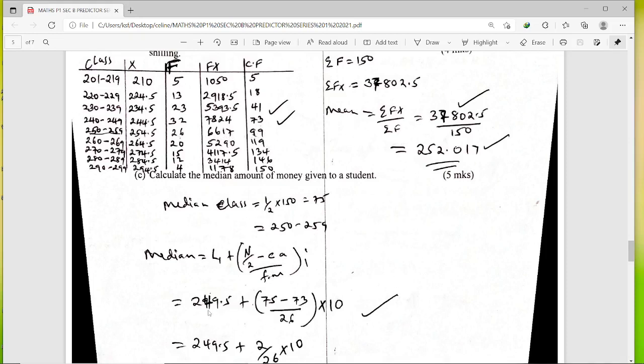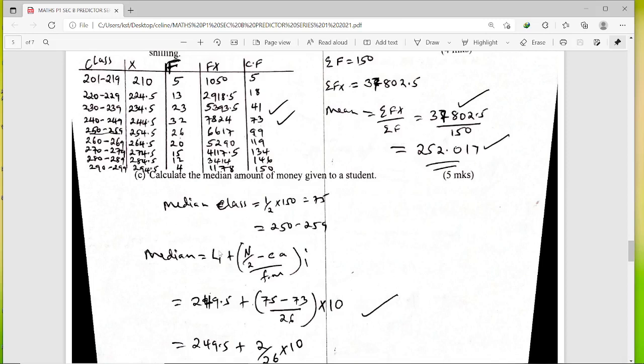So that means we take L1, the lower limit. Remember, if it is 201 to 219, then the next is 220 to 229, next is 230. They have limits. The least unit of measurement in this case is 1, because these are whole numbers. We divide by 2, which is 0.5. For the lower limit, we subtract 0.5. For the upper limit, we add 0.5.